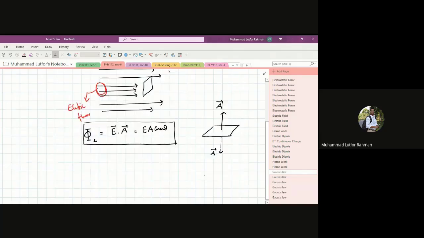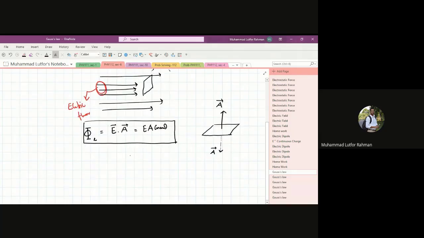Say you have some region with sides A and B, where A is defined by that length and B by that length. Then the area we define as length cross breadth, right?